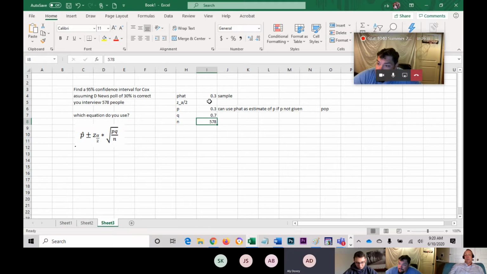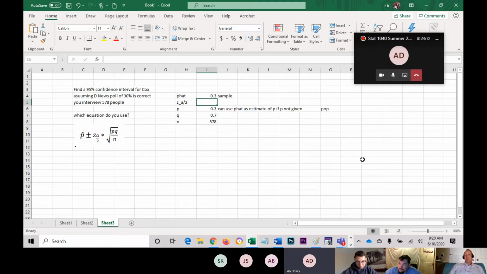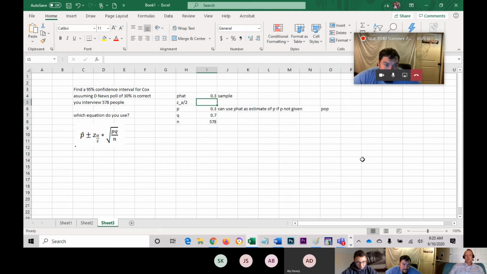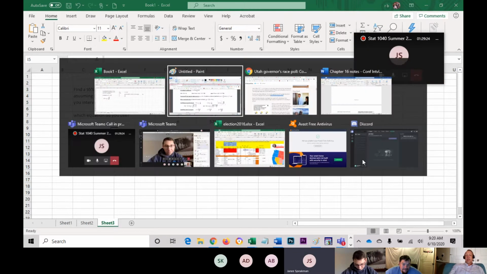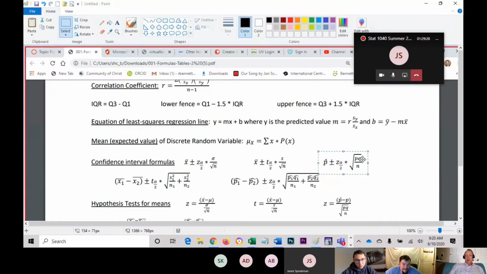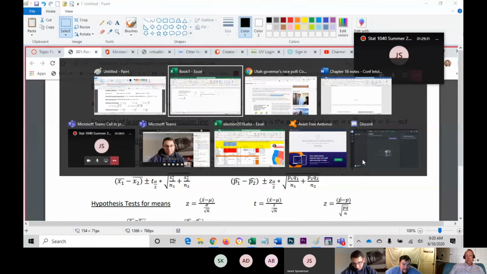Yes. Okay. Now the hard question, what's Z sub alpha over 2? Is that 1.645? That was a good guess, but no. And you can't know without looking at the table. So let me find the table for you.